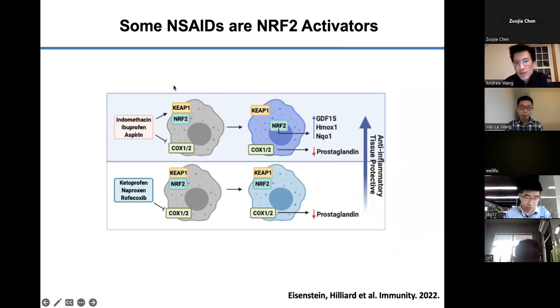But essentially what they found was that amongst these common drugs that we all use, many of which are over the counter, the NSAIDs actually had a very surprising property of activating a xenobiotic sensor, and different NSAIDs had the capability of activating this xenobiotic sensor differentially.